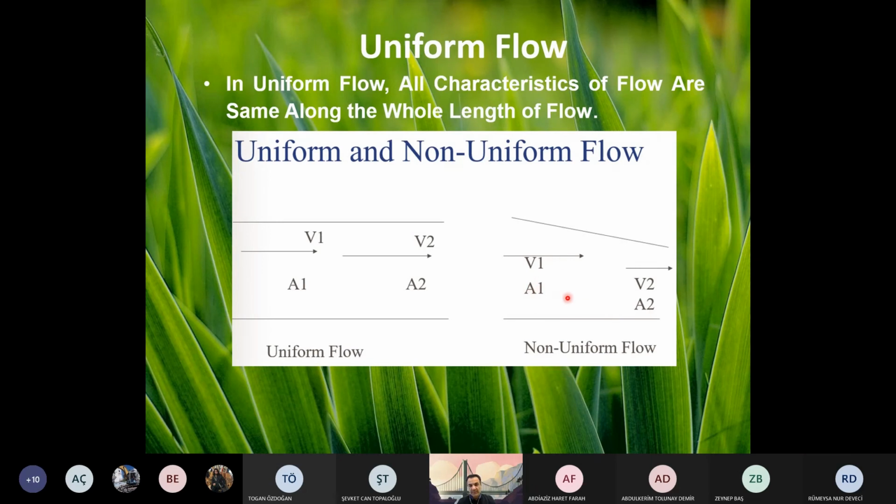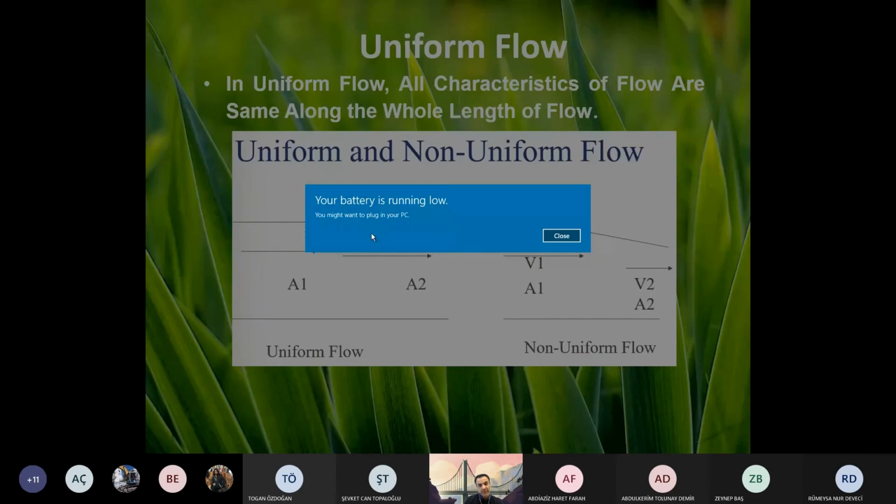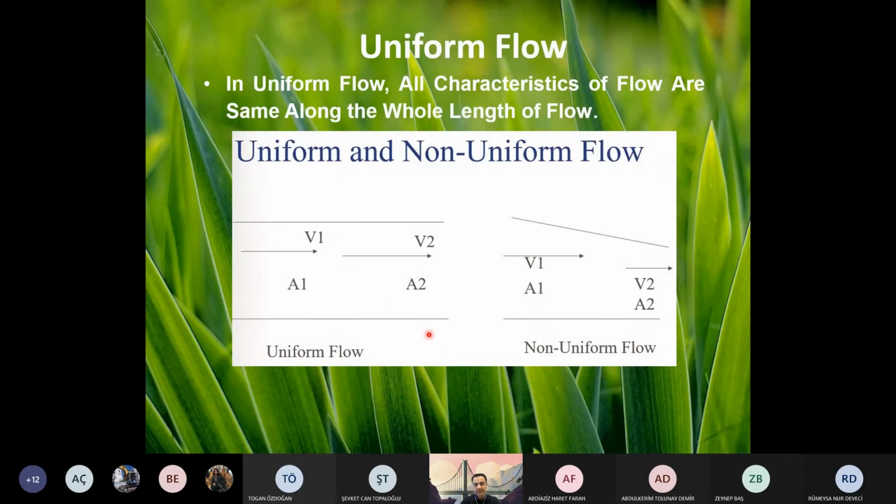Even when one of them varies, we can say it is not uniform flow. So in this lecture, the entire chapter 8, we will talk about uniform flow condition.